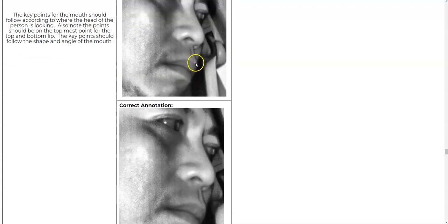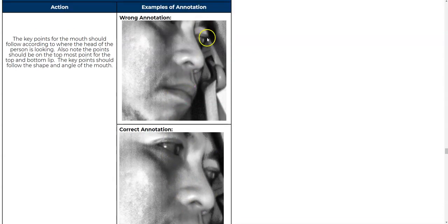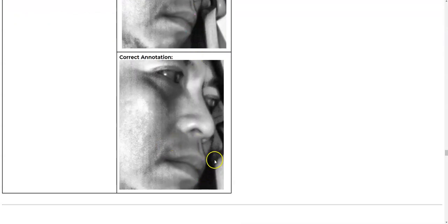And the annotation is more on the left hand side of the lip, where it should be more on the right hand side according to the head angle. You can see the difference in the picture. So it should be moved to the right, and this should be moved to the right.